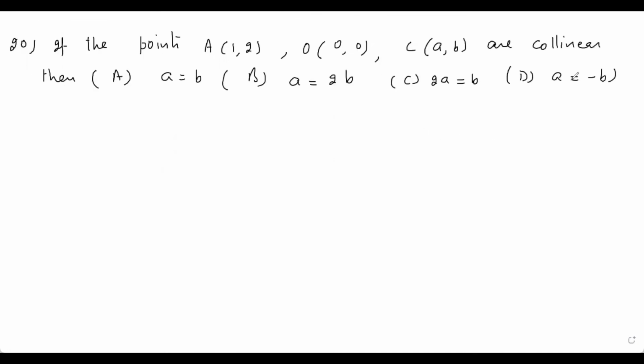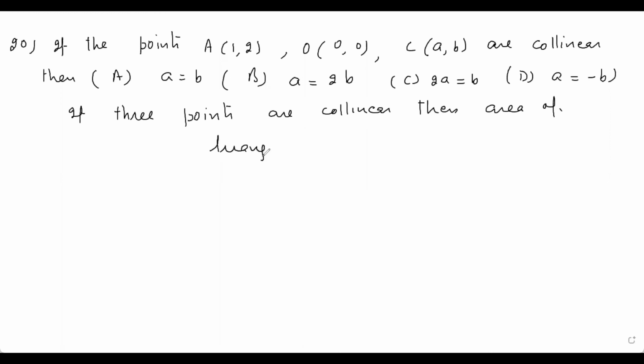Now the 20th question is: if the points (a, 1, 2), (0, 0), (c, a, b) are collinear, then, there are 4 options. You have to find the correct one. If the points are collinear, it means the area of the triangle is equal to 0. I have already explained 2 methods to find the area of a triangle.